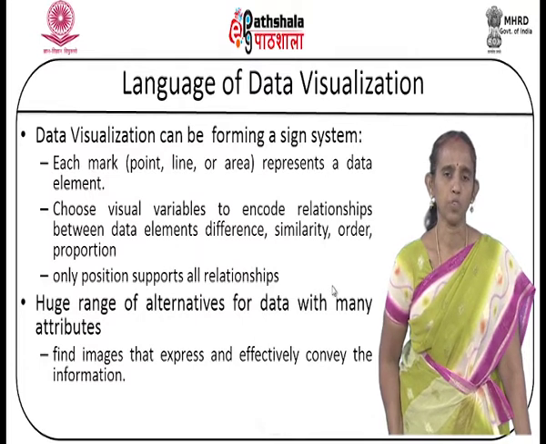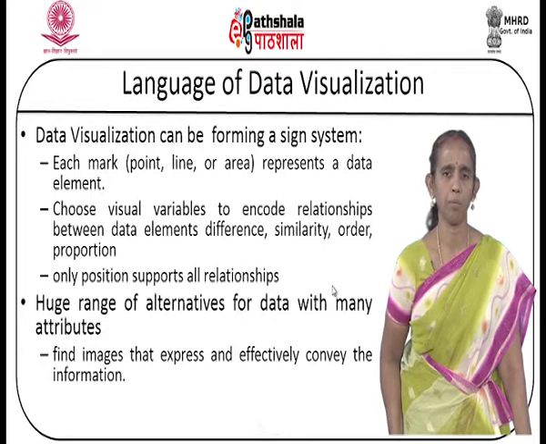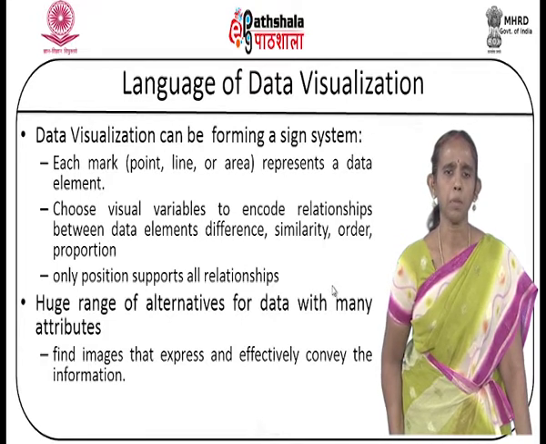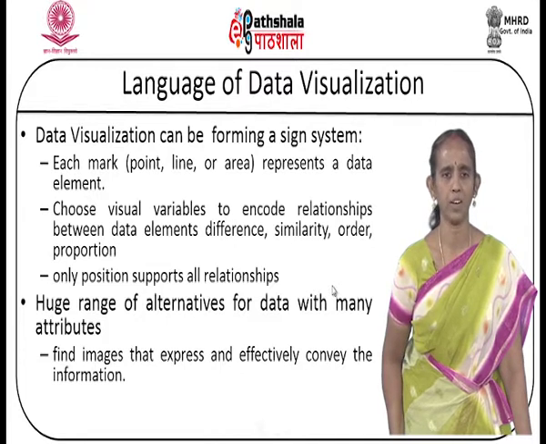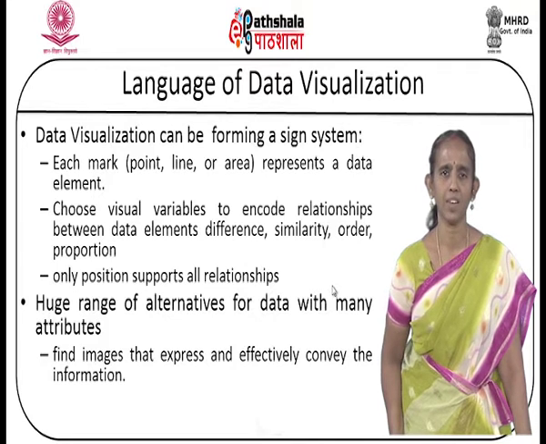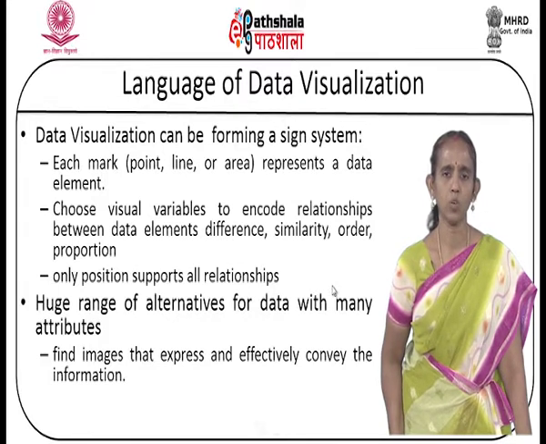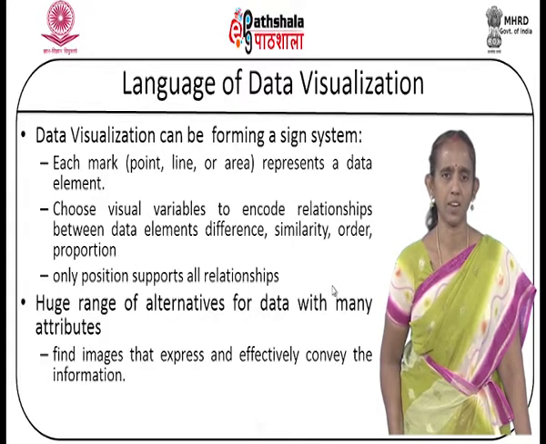The language associated with data visualization is that it can form a sign system. There can be marks, and each mark on the visual represents a particular data element. The mark can be in any form: a point, a line, or an area. We need to choose the visual variables to encode the various relationships between the data elements.